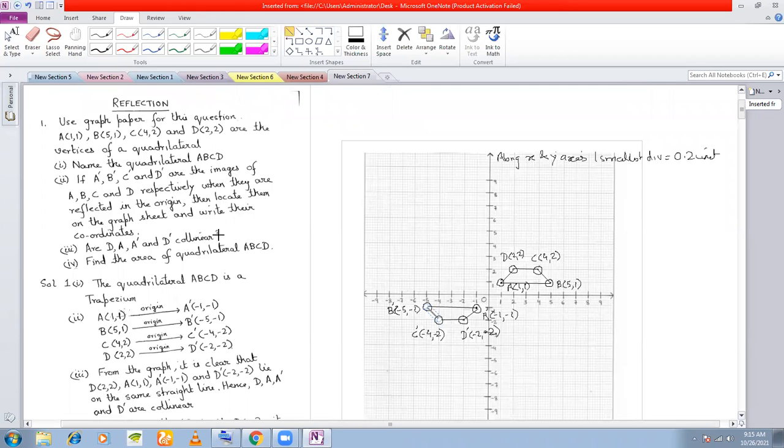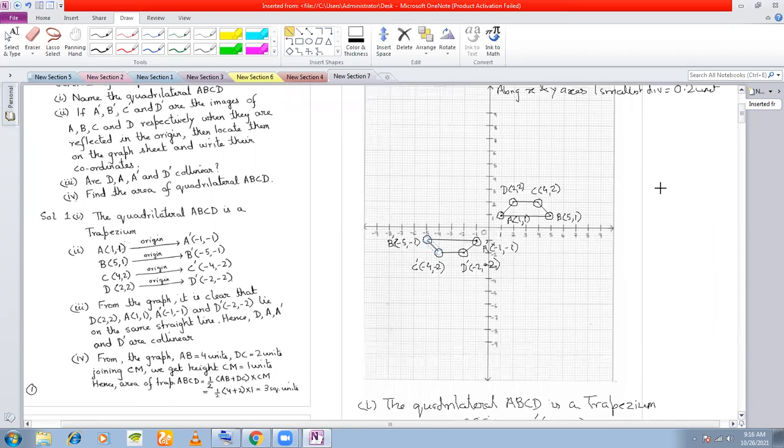Now the question is, are D, A dash and D dash collinear? Now you see that from the graph. So the points are D, A dash and D dash. Point D is here. The point A is here. And A dash is here, and D dash is this point. So are these collinear?